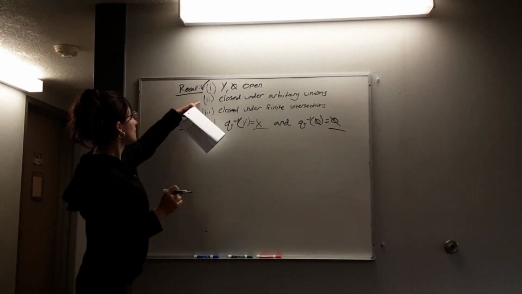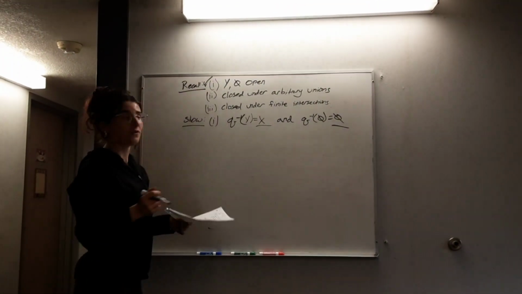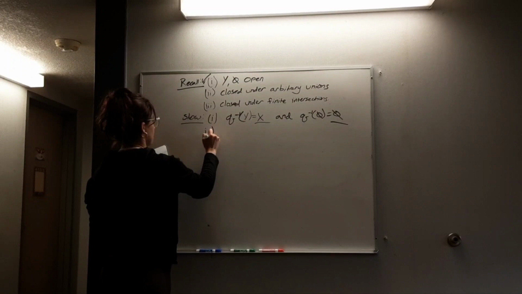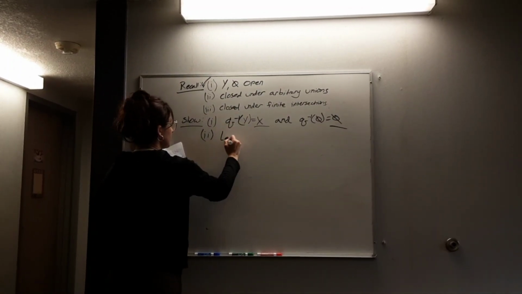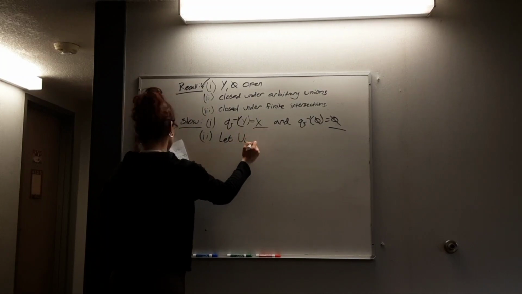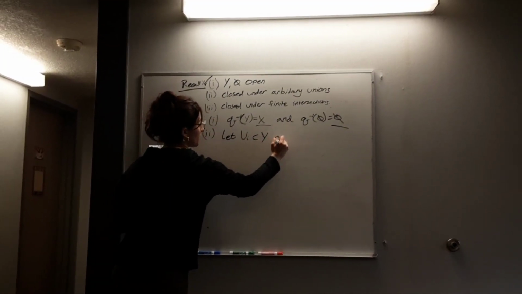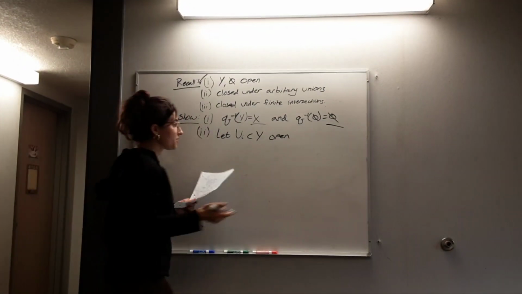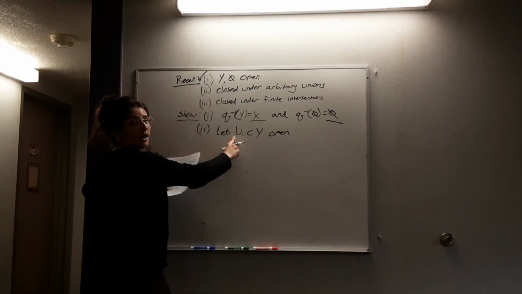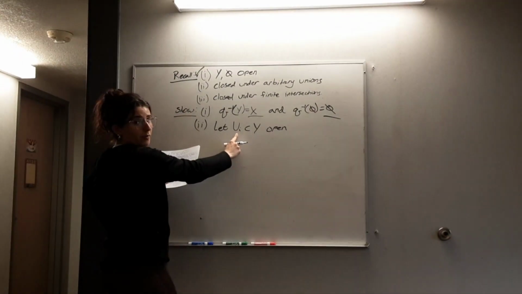So now for the second condition, to show that it's closed under arbitrary unions. For this one, we're going to let U sub I be a subset of Y such that U sub I is open. Now, what we want to show is that the union of U sub I, of all U sub I, is going to be open.